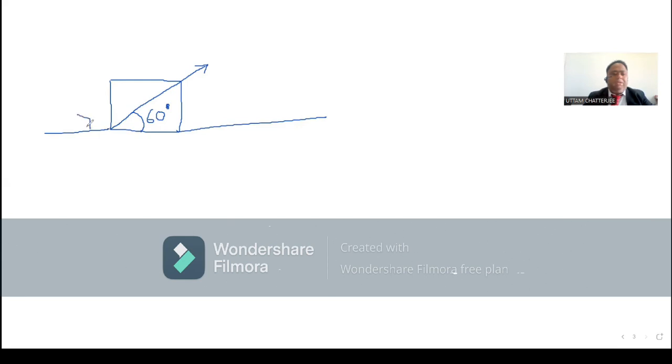So there is a person who is pushing the object at an angle of 60 degrees with a force equal to, say, 72 dyne.